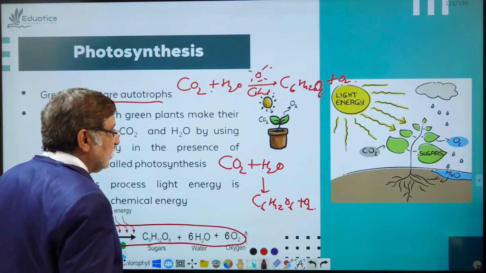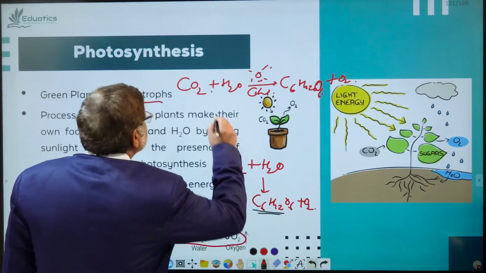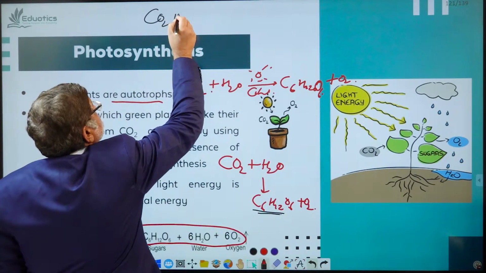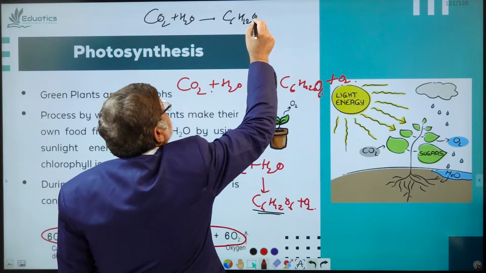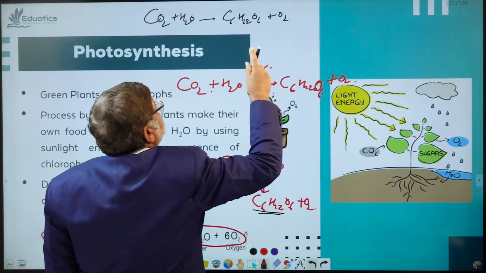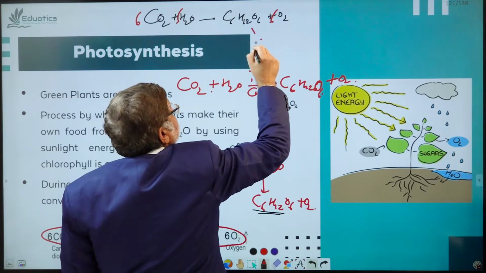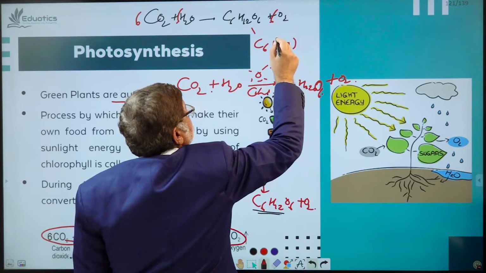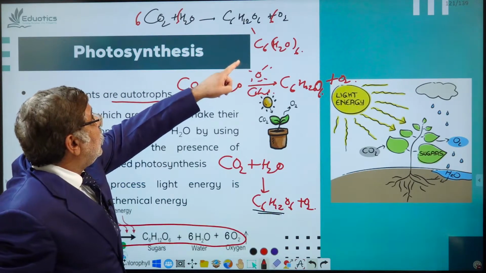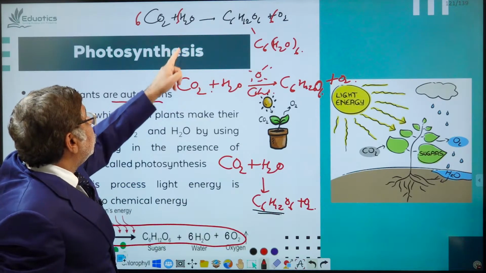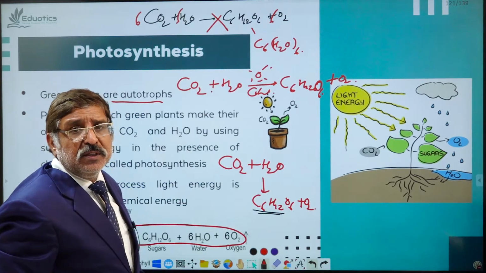Initially, we used to think, if I break up this glucose, if you allow me to write it like this, it seems that carbon and water are combining and the oxygen which is released is coming from carbon dioxide. This was wrong. Actually, the oxygen which is released is coming from water by photolysis of water.